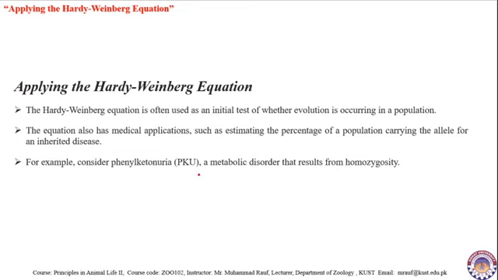So first we introduce phenylketonuria, which is a metabolic disorder, and this is a recessive disorder, meaning both the copies need to be defective, and only then the person will show the symptoms of this condition. What happens in this condition? The person lacks an enzyme, or the enzyme is defective.